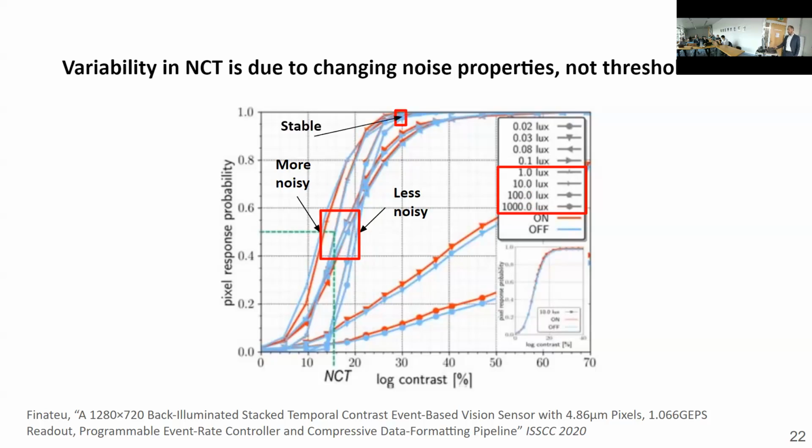However, now when I use my 99% intercept, I find that the response is more stable, and the true contrast threshold I can predict now is closer to 30% than what was reported before, something like ranging between 13 and 20%. I also, with our simulation, can show that at these very dim light levels, the reason this curve starts to shift to the right is due to approaching the dark current limit and reduced bandwidth in the dark.